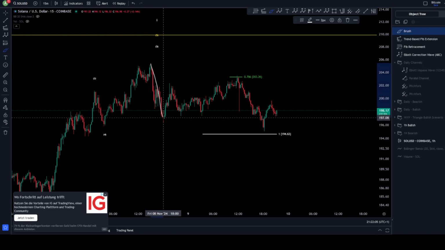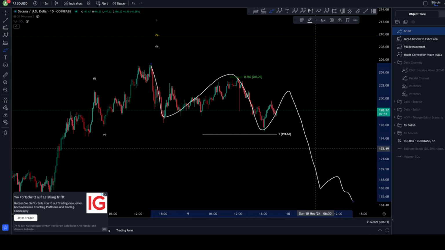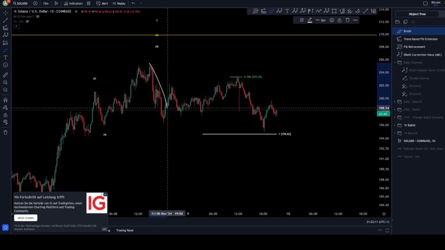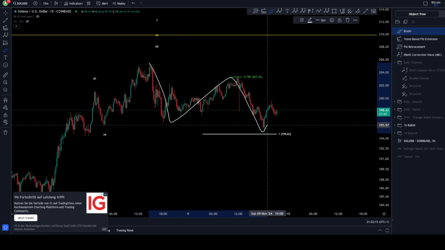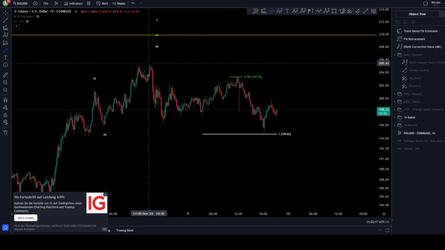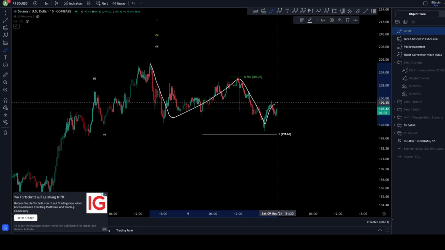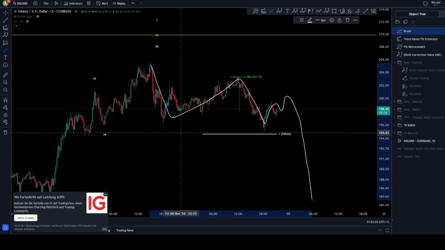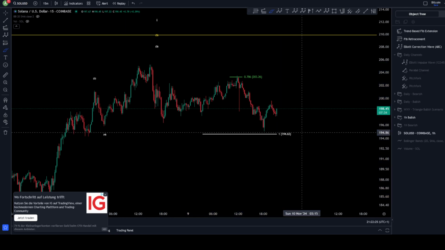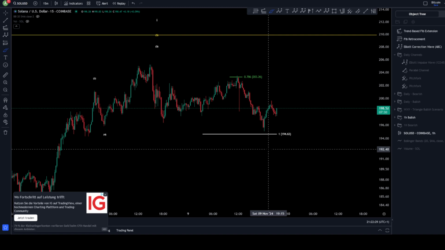It opens several bearish possibilities. One of them is a 1, 2, 1, 2, and then 3, 4, 5 towards the downside. The second one is still 1, 2, 3, 4, 5 contracting diagonal. The third one can of course be a 1, 2, and this is your wave 1 for a wave 3. So we are still very bearish on Solana.